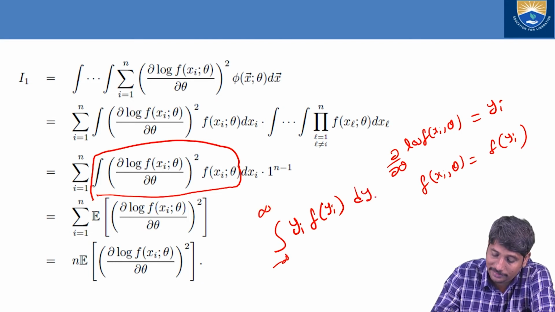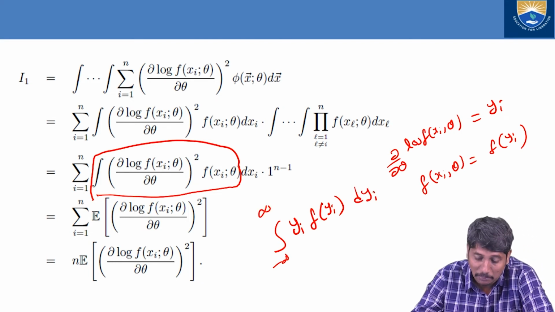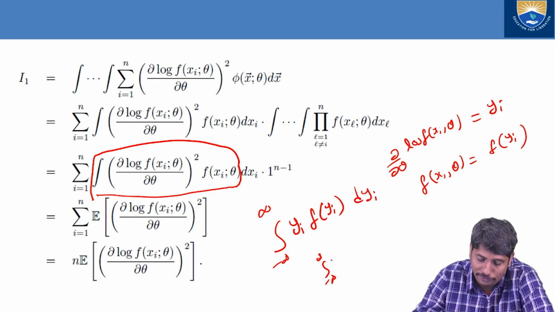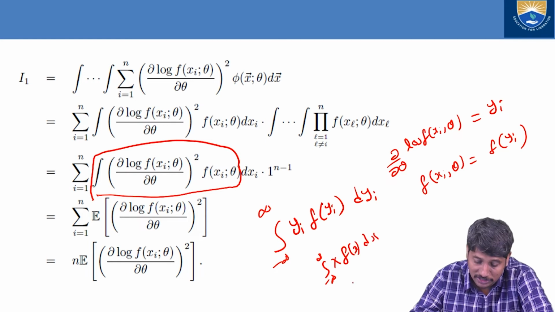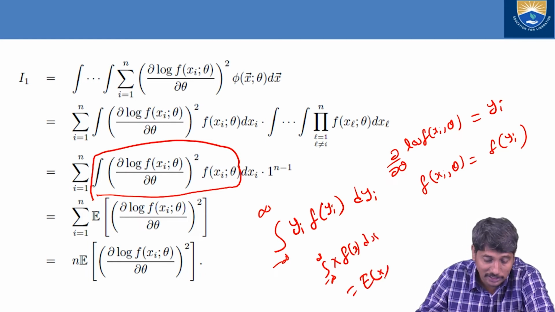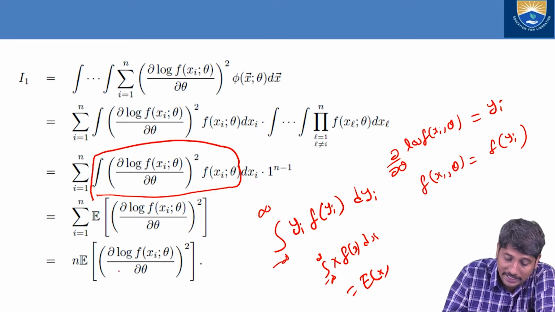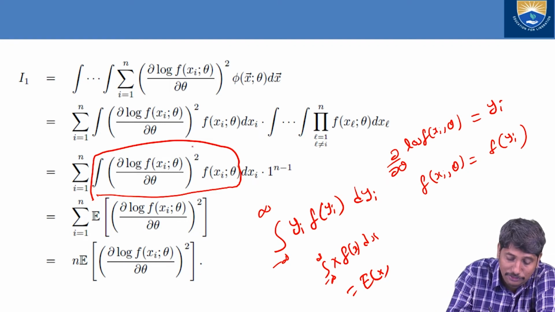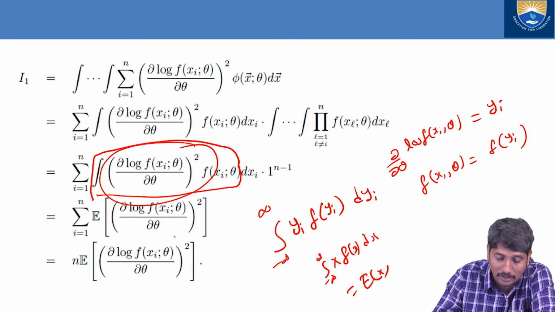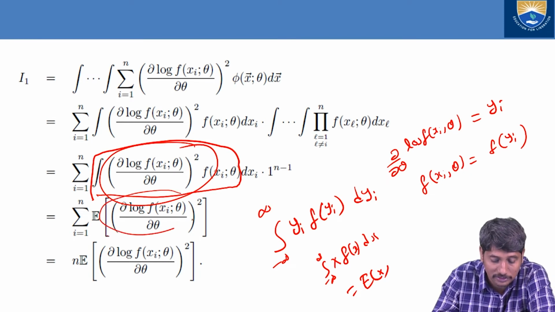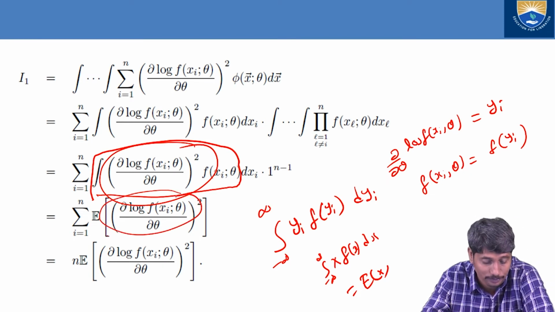That means it is like the integral of x f(x) dx from minus infinity to infinity, which is nothing but E[x]. So if you treat this as y, this will be the expectation of y, that is E[y].